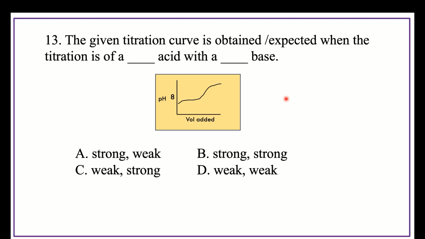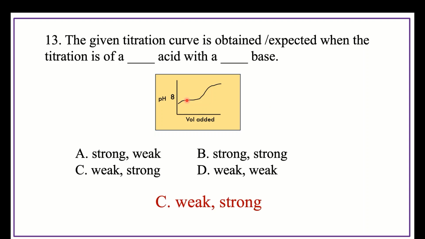So when it is a weak acid strong base or strong acid weak base titration, it does not form a completely neutral salt. Here the solution obtained will be basic, and after that it shows a rise in the pH and a constant value after the equivalence point, which may be because of the stronger base.